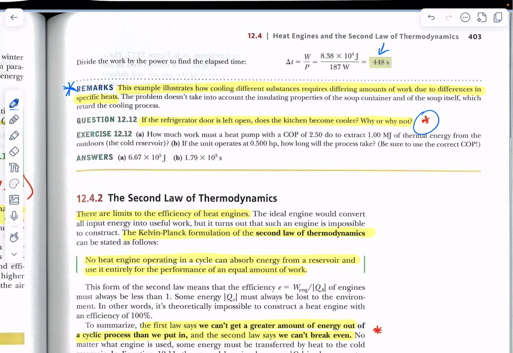The problem is that the coil in the back of the refrigerator is also inside the kitchen, as is the compressor. So unless your compressor and coil are located outside of the house, you're going to be producing more heat and warming up the kitchen. It's also going to cost you a lot of money.